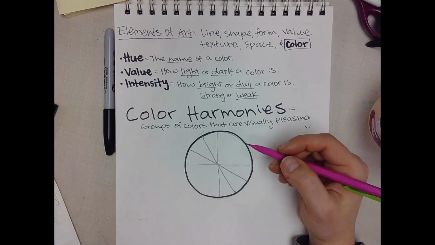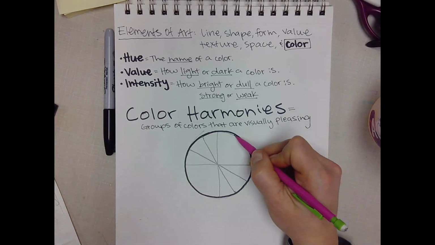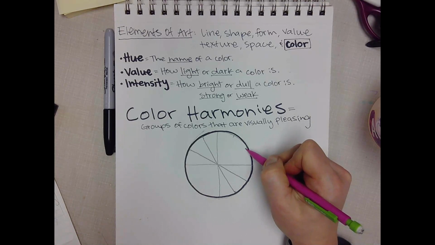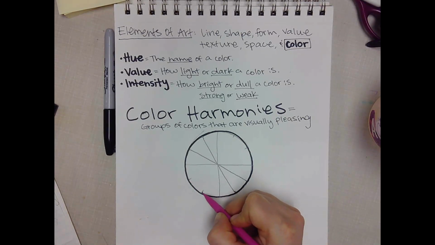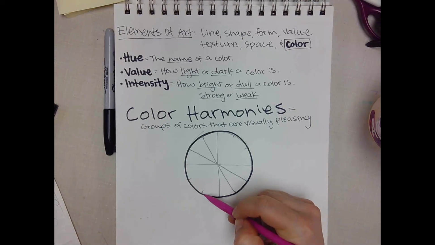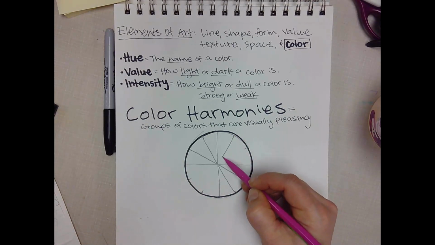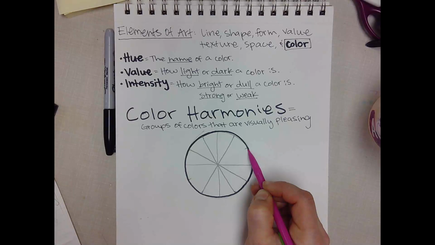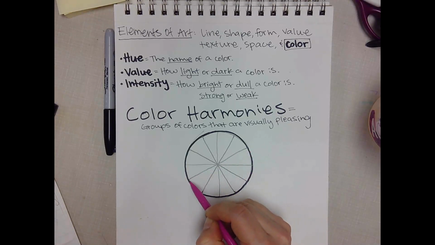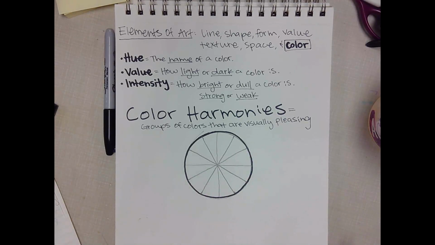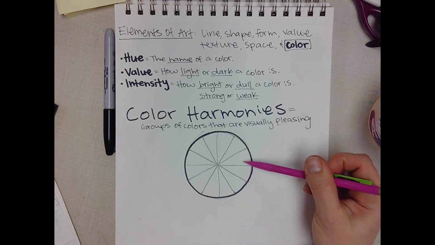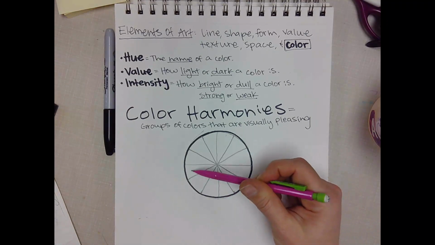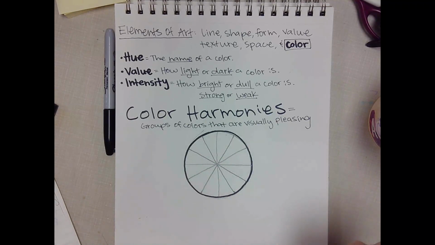I'm going to split them into 3 sections. They don't have to be perfect. Just go right through the middle. And then count. You should have 1, 2, 3, 4, 5, 6, 7, 8, 9, 10, 11, 12.